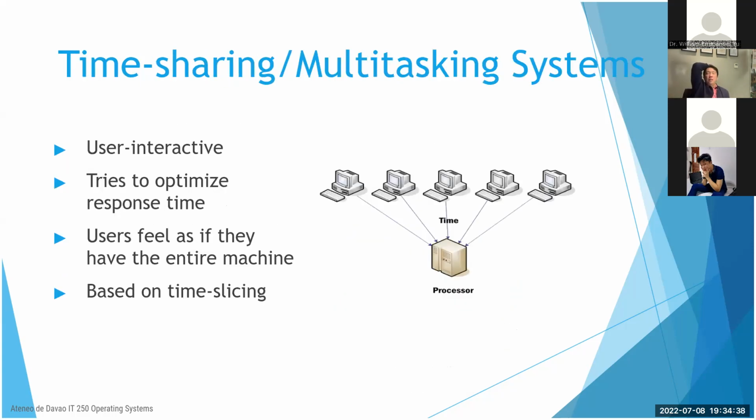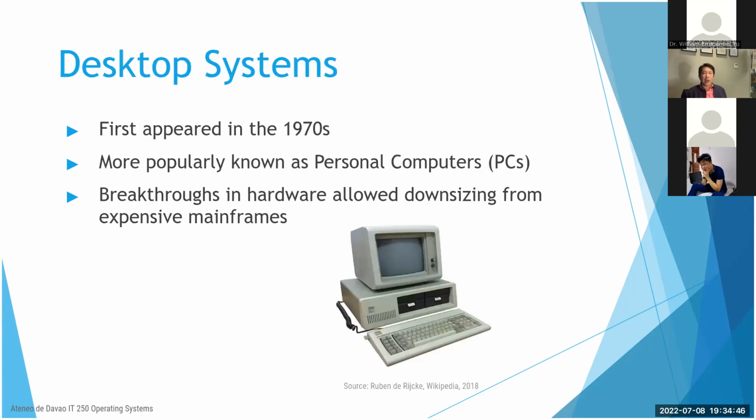Now, the thing here is that computers were still quite expensive and rare, and that is the reason why they have to be shared. Then, of course, came the advent of what we call desktop systems. First appeared in the 70s, became popular in the 80s with the introduction of the IBM PC and the Apple II. Personal computers, as the name implies, is a computer bought by an individual.